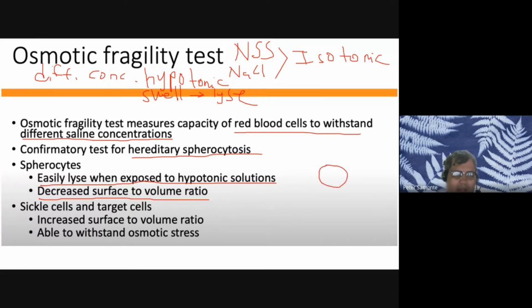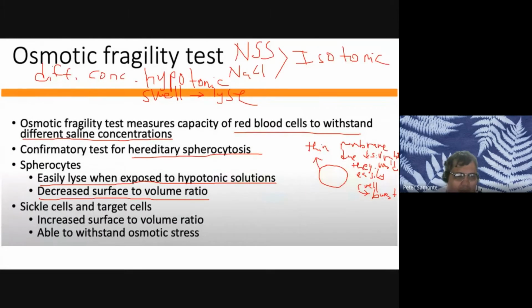Now, imagine this would be your spherocyte. Your spherocyte would have a thin membrane due to decreased surface to volume ratio. And then when that happens, class, they would easily swell and then mag-burst sila or mag-lyse.